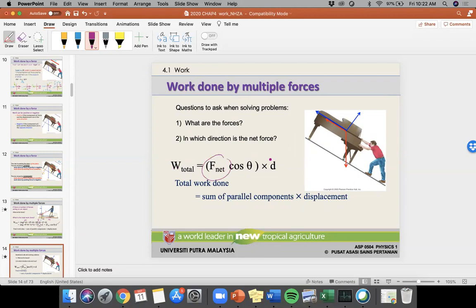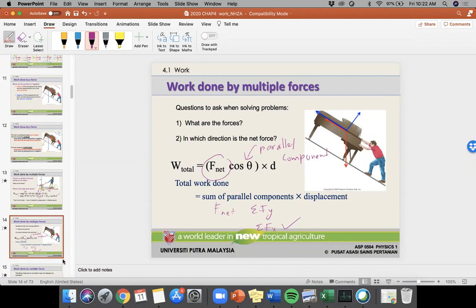Remember, only parallel components are relevant. Even though your F net has something in the X and something in the Y, only Fx is relevant to work done because we want parallel components. Remember F net has direction, right? There is Y and X, but only the parallel is relevant to work done. That is why the cosine is there.